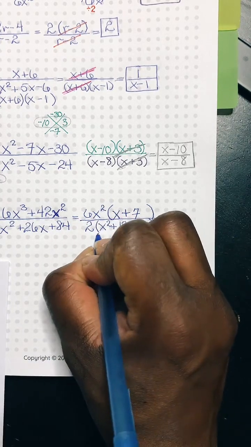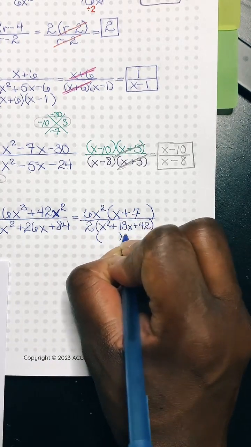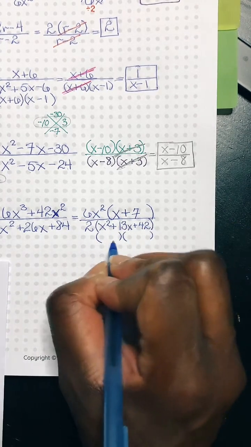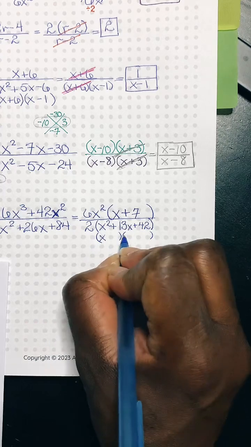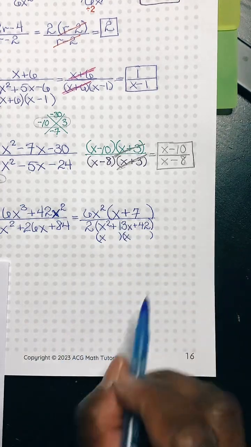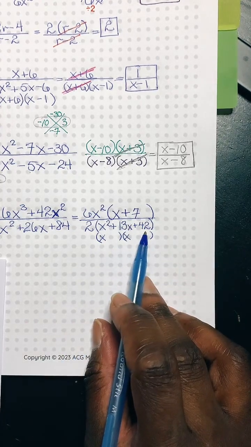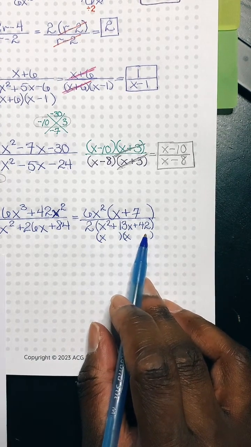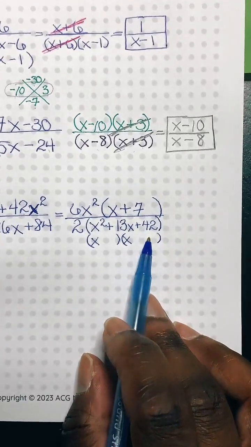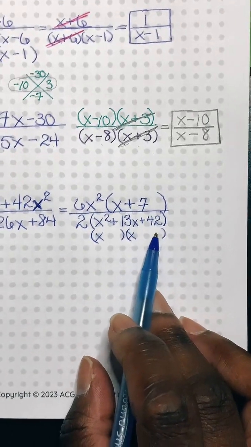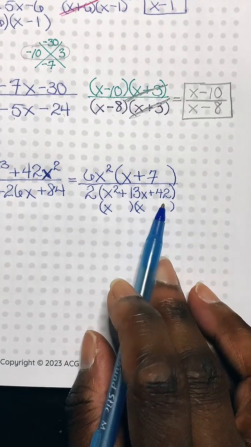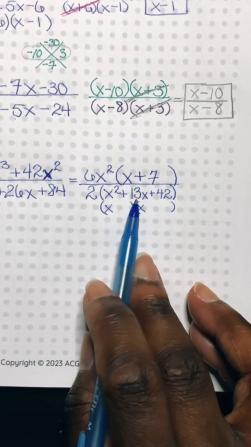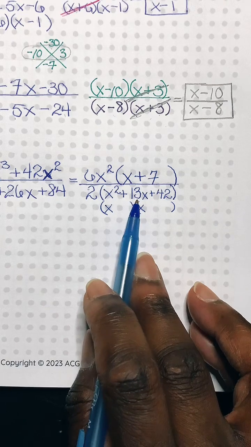But I'm going to put it right underneath so I can see it better. I'm going to split my x's, and then I'm going to ask you, what two numbers multiplied together will give me 42? Make this a little bit bigger. Okay, what two numbers multiplied together will give me 42 and add together to give me 13?